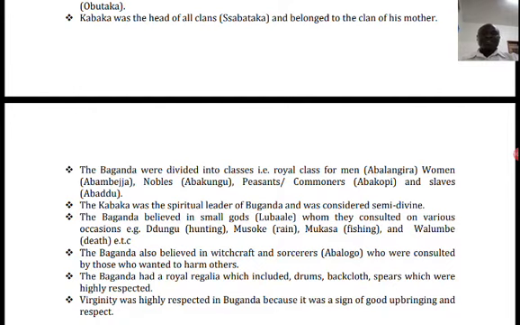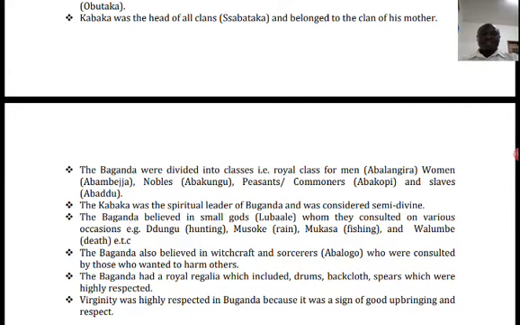It is important to note that the Balangira and the Bambejja enjoyed the sweat of the slaves, because they could not do any work. They were worked for.